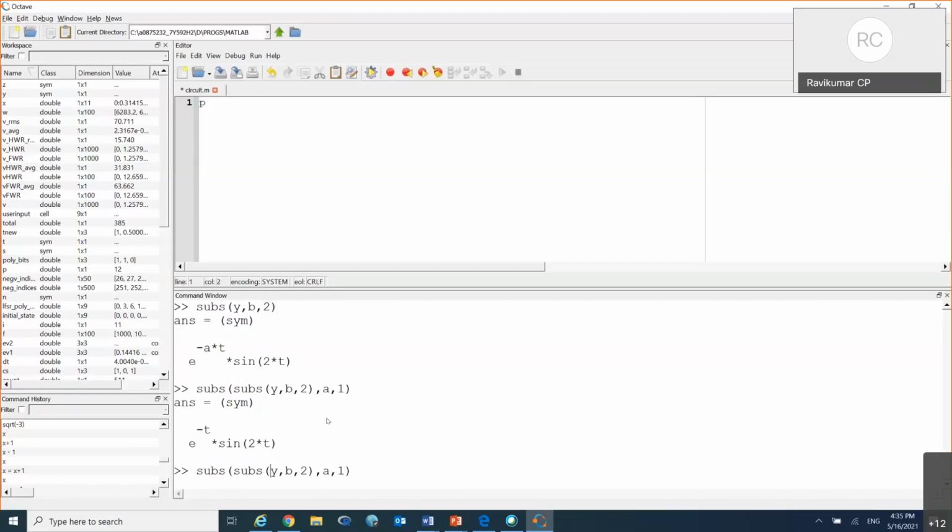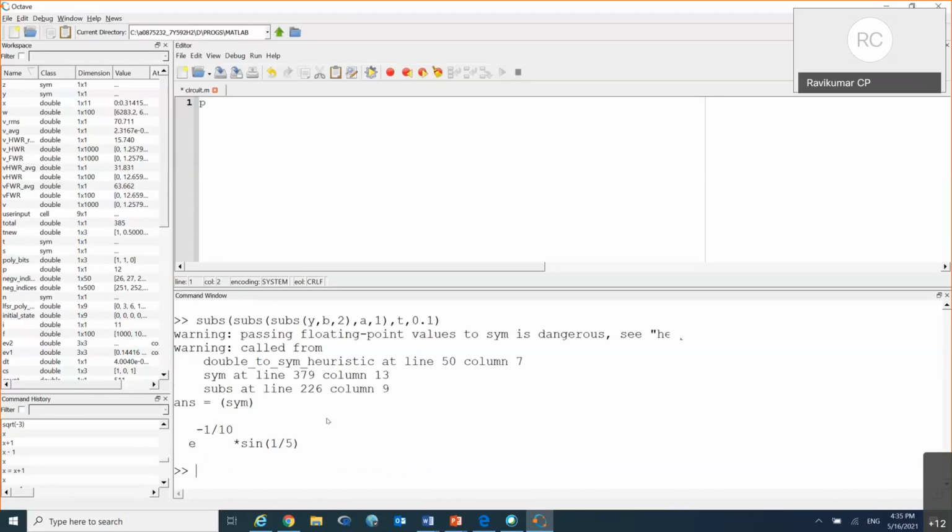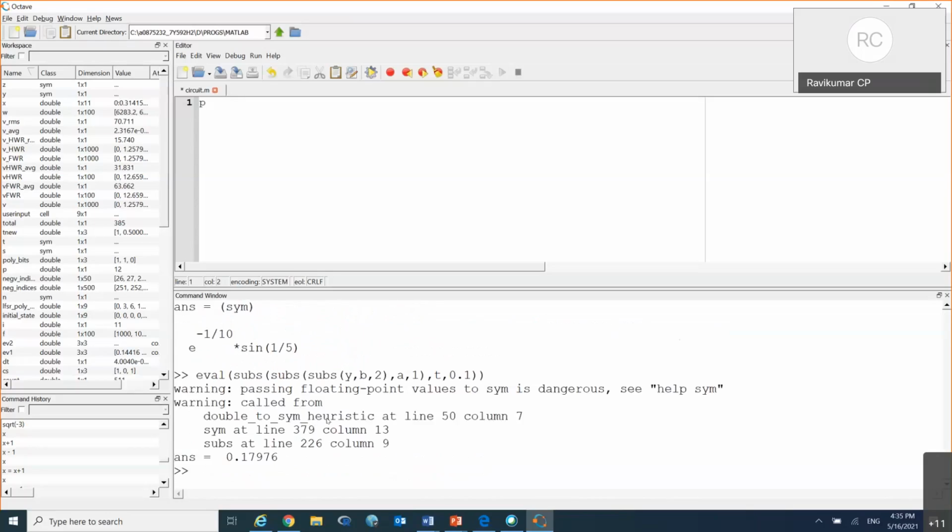Then you can put t equal to maybe, let us say, 0.1. Notice that it will leave it as a symbol, it won't evaluate. So if you want to force the evaluation, you have to say eval. So if you evaluate the final answer, you will get this.